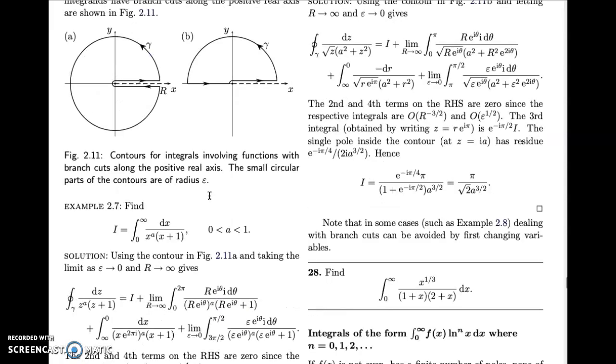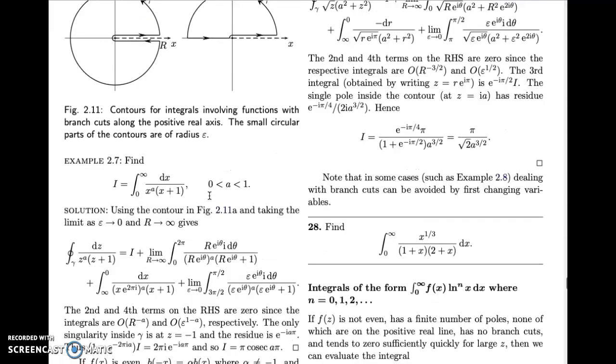Okay, so let's see how all this works with this example. We want to find this integral here, the integral from 0 to infinity, and this power a is some number between 0 and 1. So we're doing this very much in detail.